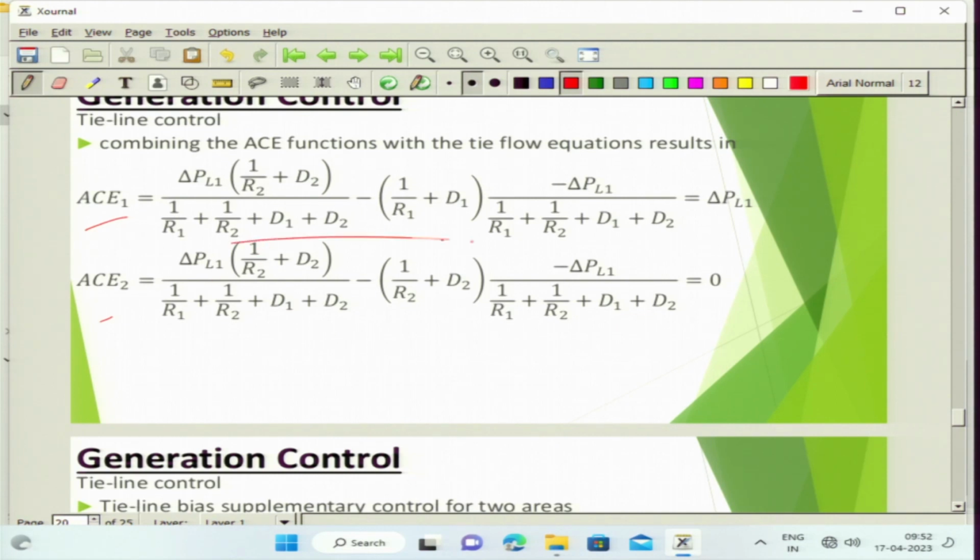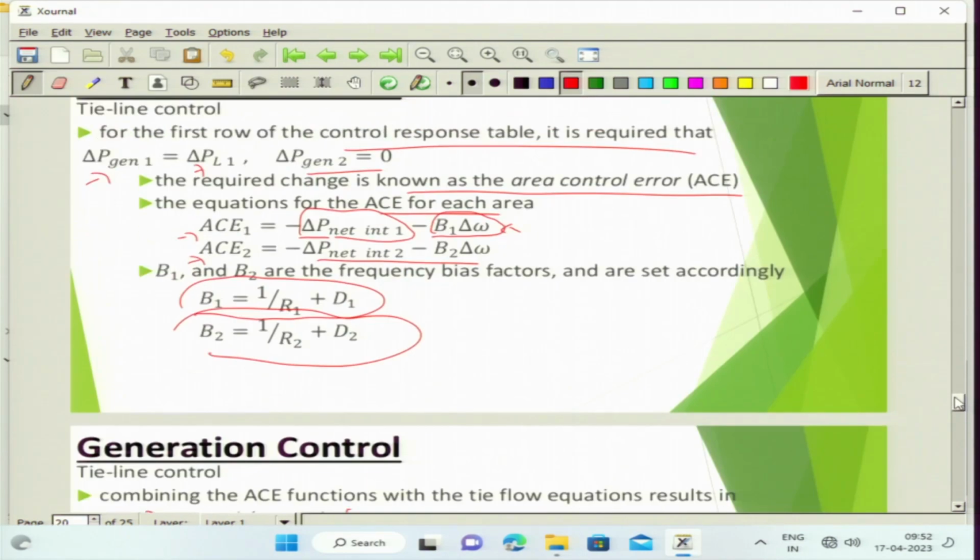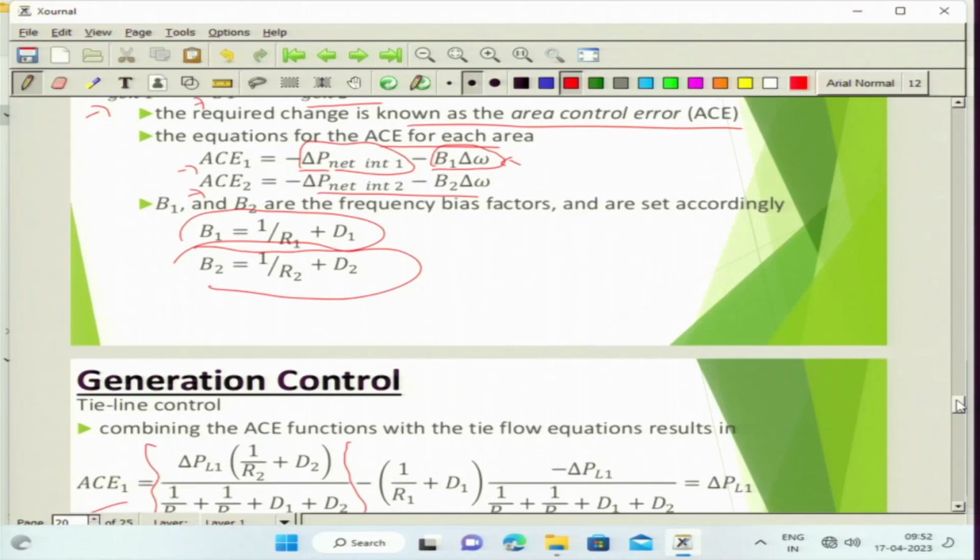Now this is your overall expression. ACE1 is equal to, this is due to the original tie line, which is as per the schedule, right? You just have to use this formula: minus delta P net interchange minus B1 into delta omega.